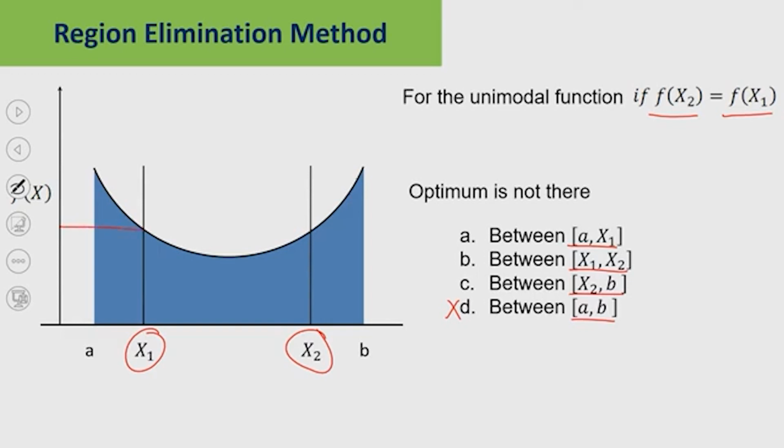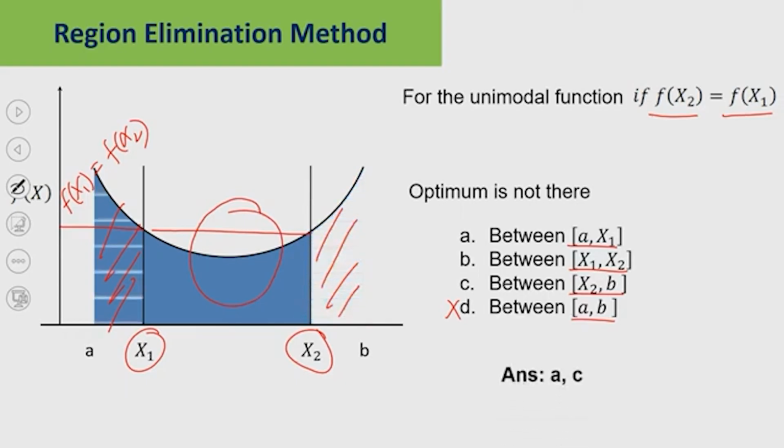Whatever value you are getting here is the same, f(x1) is equal to f(x2). Therefore, optima is not there in this particular region and not in this particular region. Optima is somewhere here. So, the correct answers are a and c.